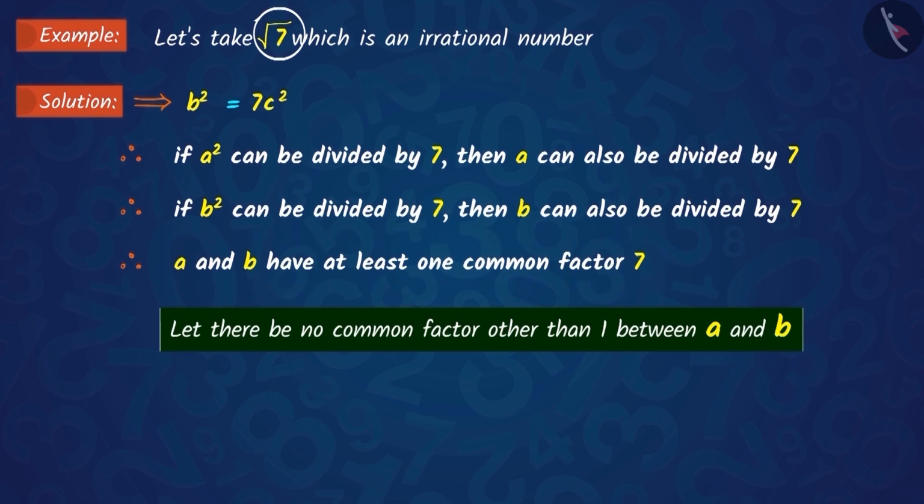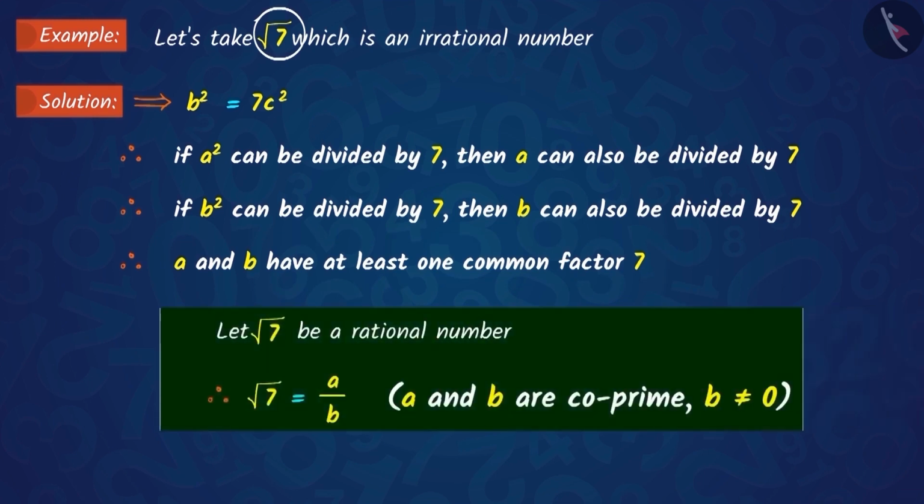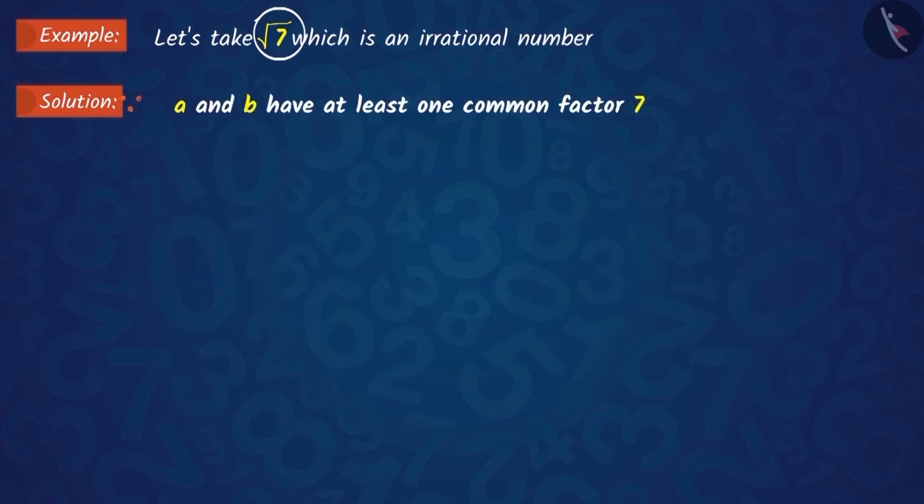This contradiction has occurred because we have made an incorrect assumption that the square root of 7 is a rational number. Therefore, we have proven that the square root of 7 is an irrational number because we found a common factor other than 1 in a and b.